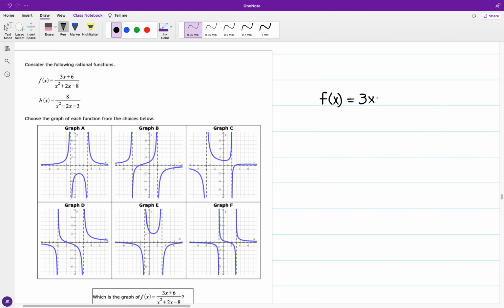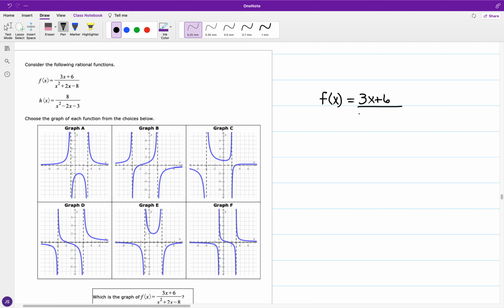So right now we have f of x is equal to 3x plus 6 over x squared plus 2x minus 8. And what I'm going to do here is take what I have and display it in factored form.